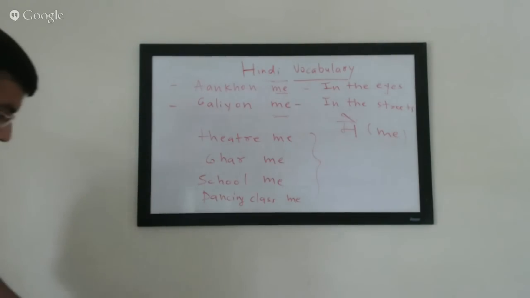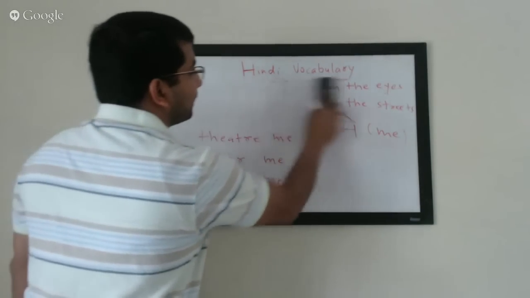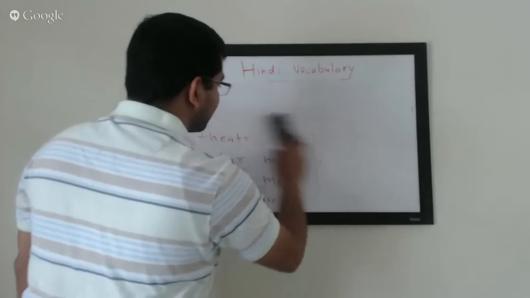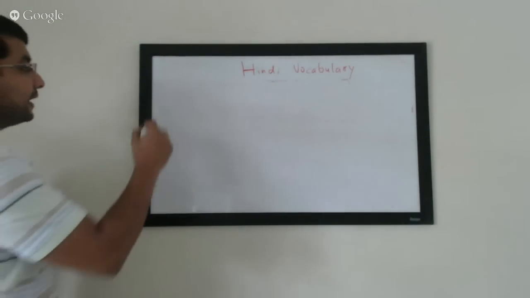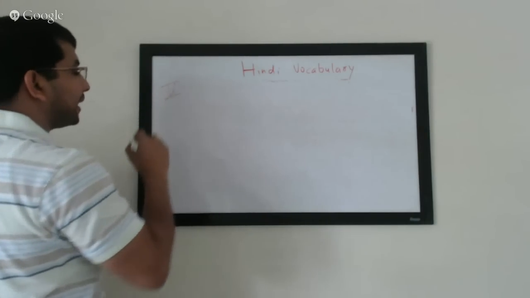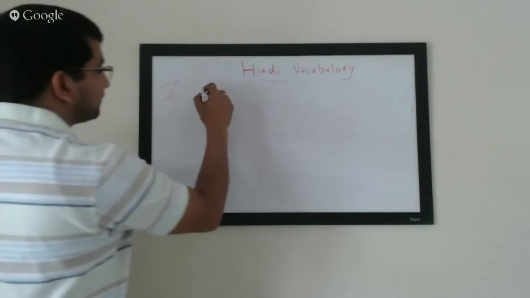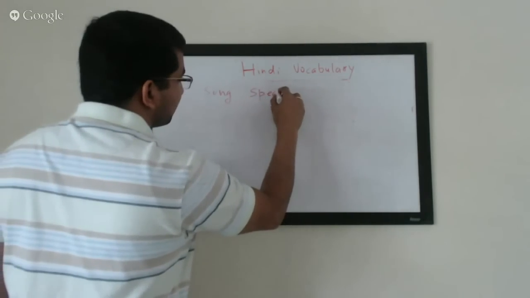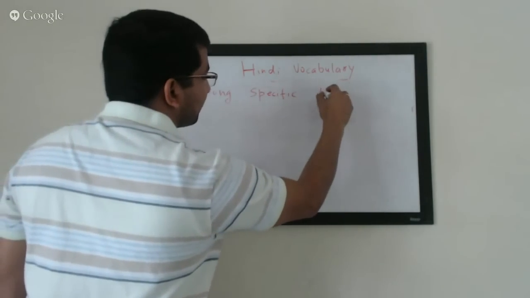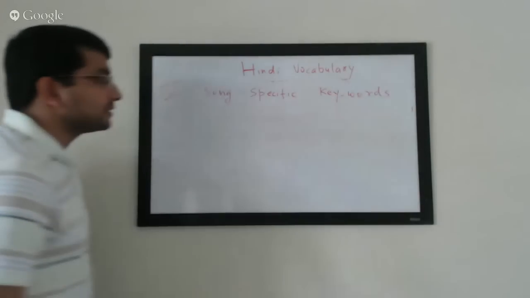Okay, there's a last section which I want to do before we wrap up this class. It is section number 5, and that is again song specific. So far you've done 3 sections related to vocabulary, 4 sections related to song specific post position, and the fifth one is also song specific keywords.